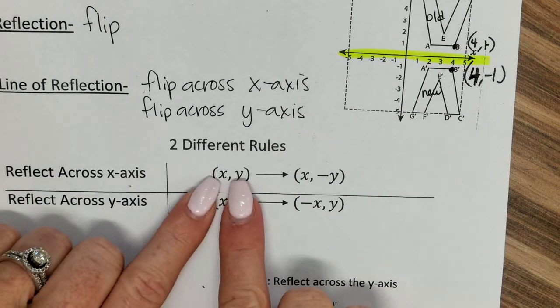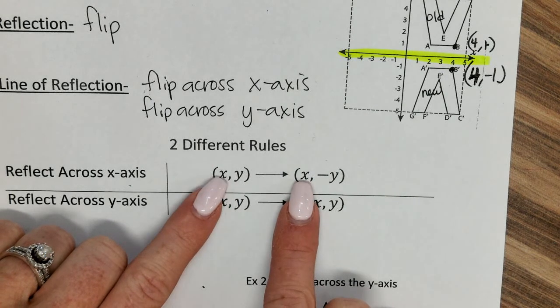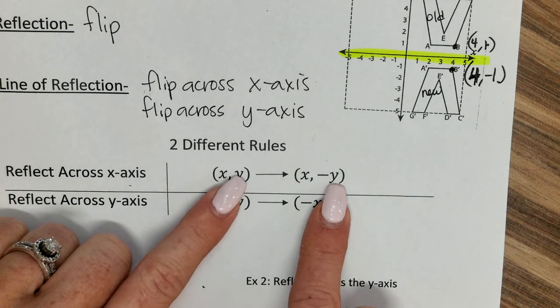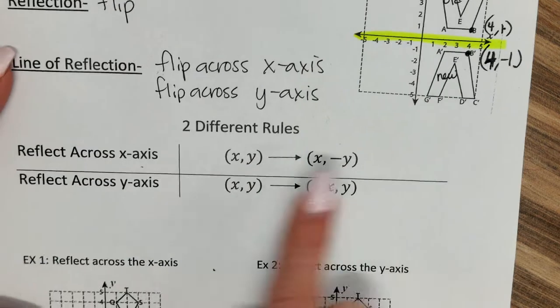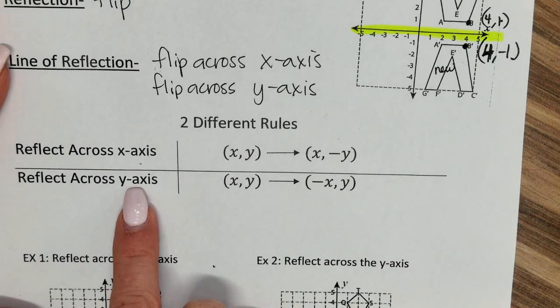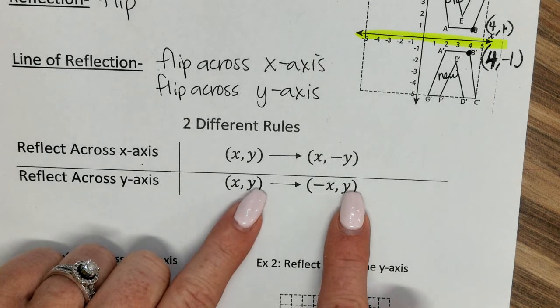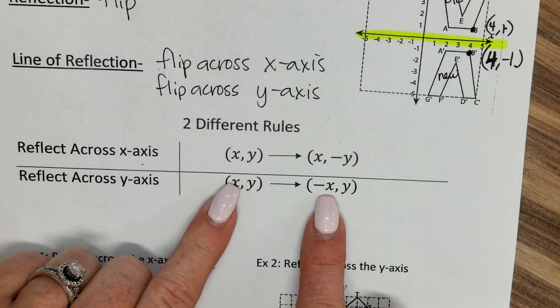It says you take your x and y, and the x stays x, but the y becomes opposite. So look at the rule for reflections across the y-axis. The y stays the same, but the x becomes opposite.